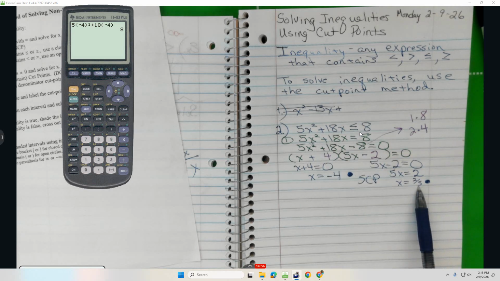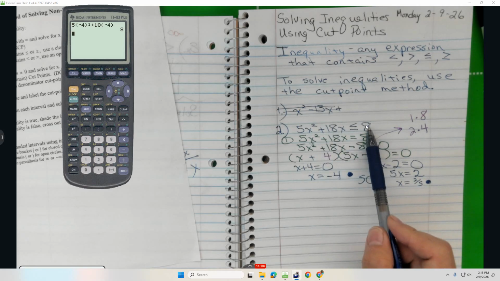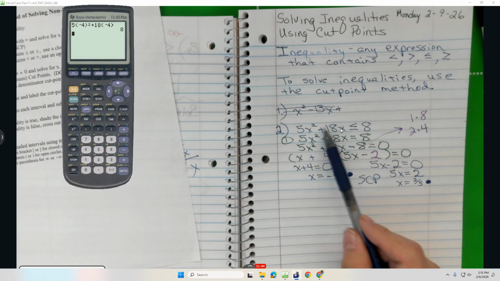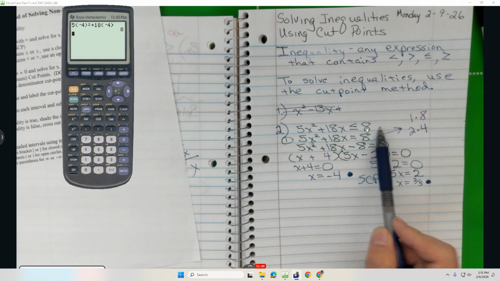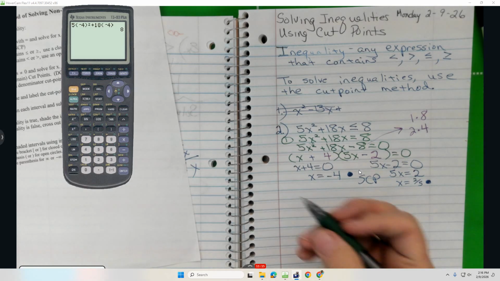If you plugged in 2/5, you'd still get 8 on the left side, and that equals 8 on the right side. If there hadn't been that horizontal bar, 8 is less than 8, that's false. That's why you would have left it as an open circle. So open circle means do not include as an answer. Is that what you're saying?